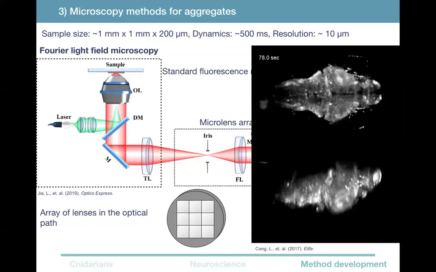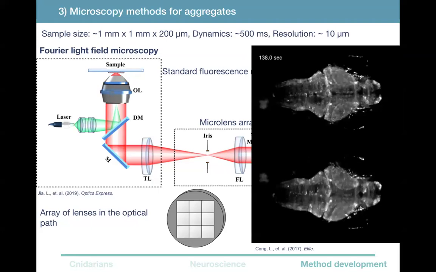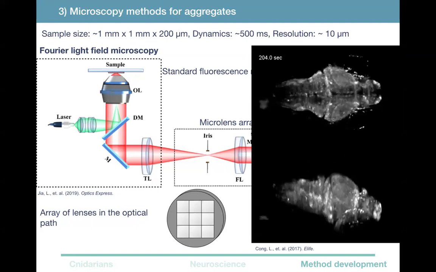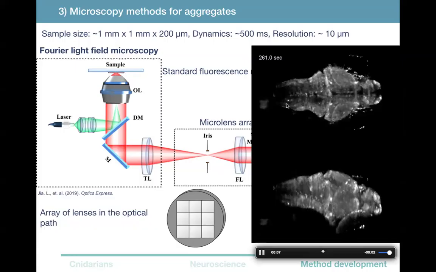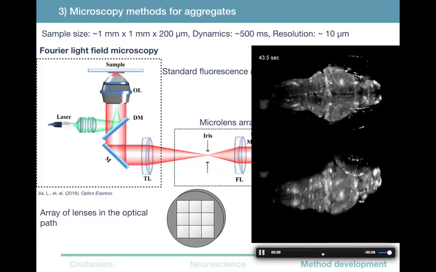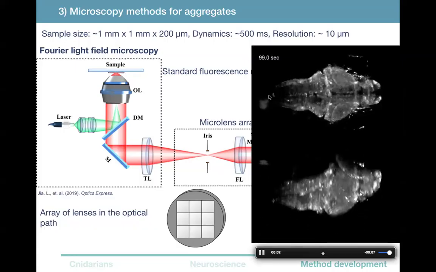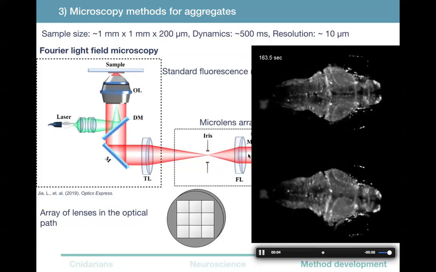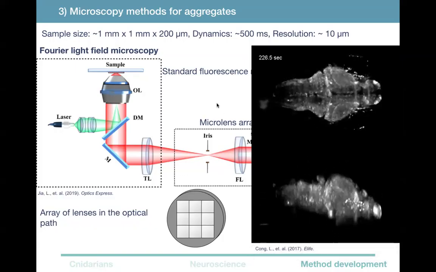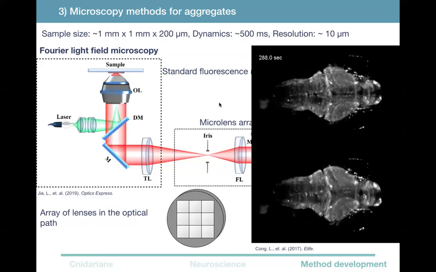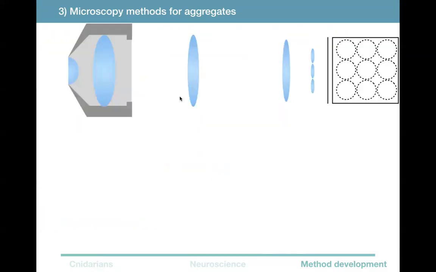So this is one of the earliest works on this Fourier light field microscopy, and what you see is a zebrafish embryo brain being imaged at high space and time resolution, again, just with this very simple change to a traditional microscope. So how does this thing work?